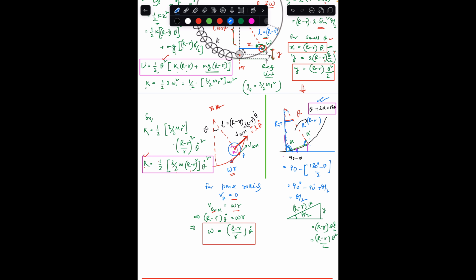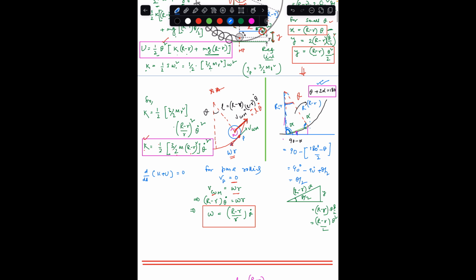So let us check very quickly. If I take d/dt of K plus U is equal to 0, I'm going to write in short. So you can check, half is there into 3 by 2 m (R minus r) whole square into, it will become 2 into theta dot into alpha.